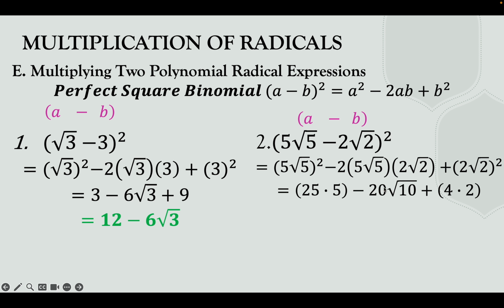Square root of 5 times 2, we have negative 20 square root of 10 plus 2 squared is 4, square root of 2 raised to 2 is 2. So 25 times 5, we have 125 minus 20 square root of 10 plus 4 times 2 is 8. So simplify, we have 133 minus 20 square root of 10.